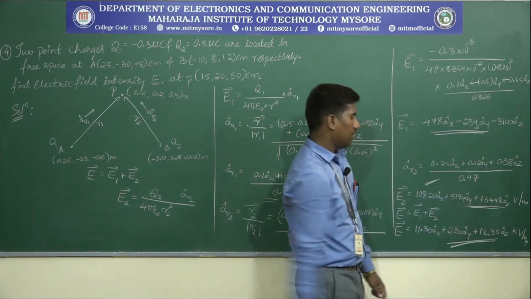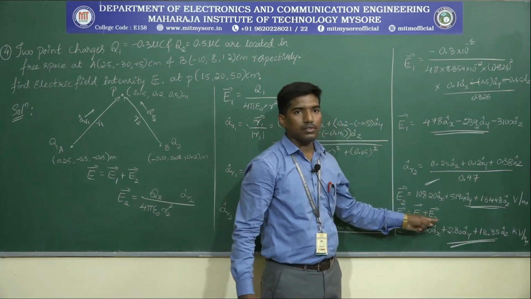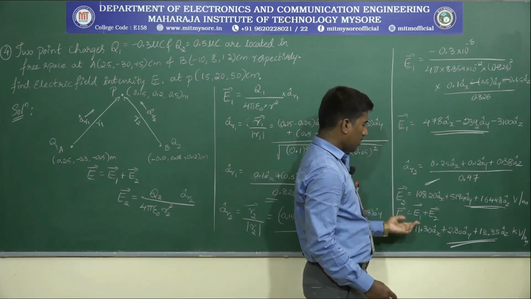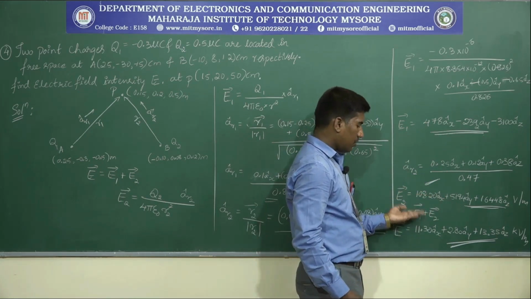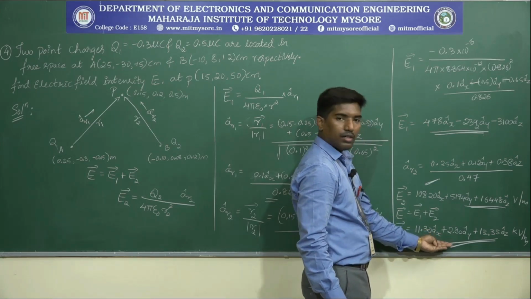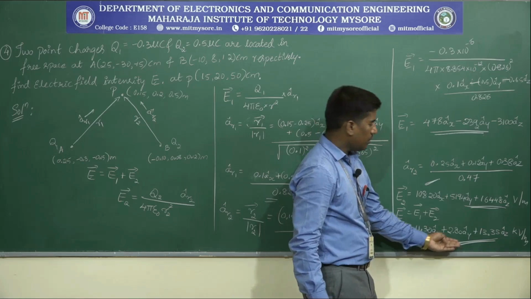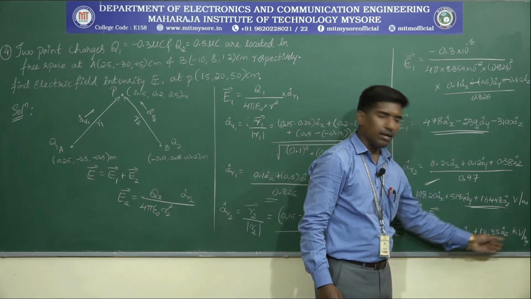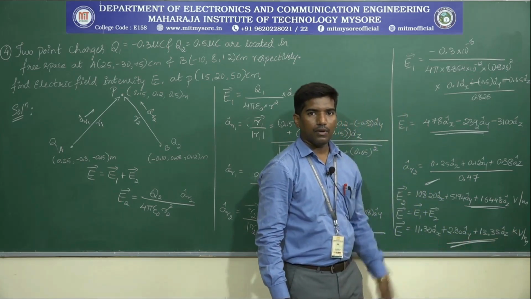This is the result you are going to get after solving this. Once we got E1 and E2, we take the summation of those two, and the resultant electric field intensity E is given by this quantity, represented in kilovolt per meter here. Got it? Okay, thank you.